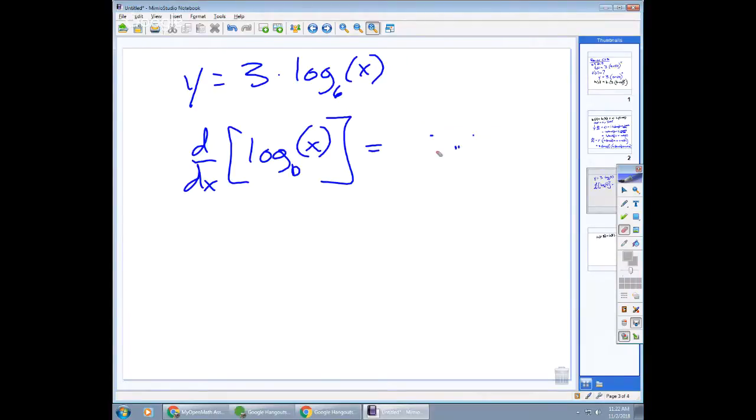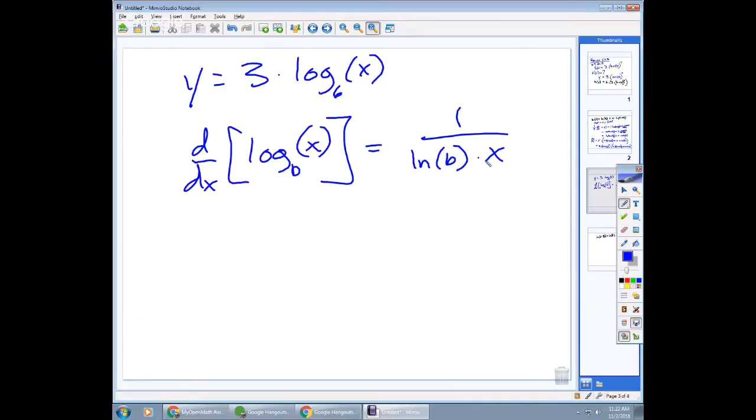Confusing that with another derivative. It's going to be 1 over x times the natural log of b, there we go. So that's the derivative formula for any log.